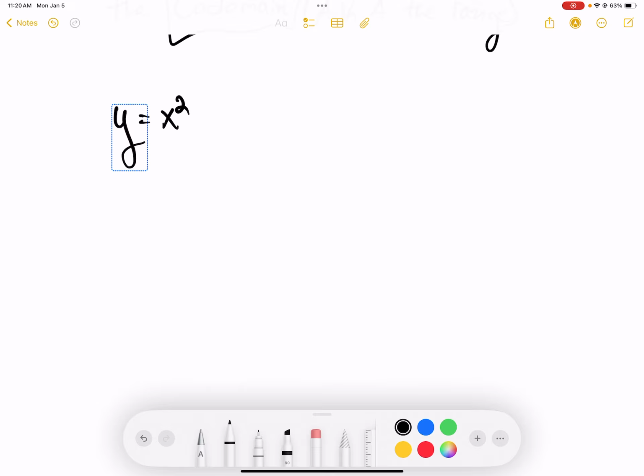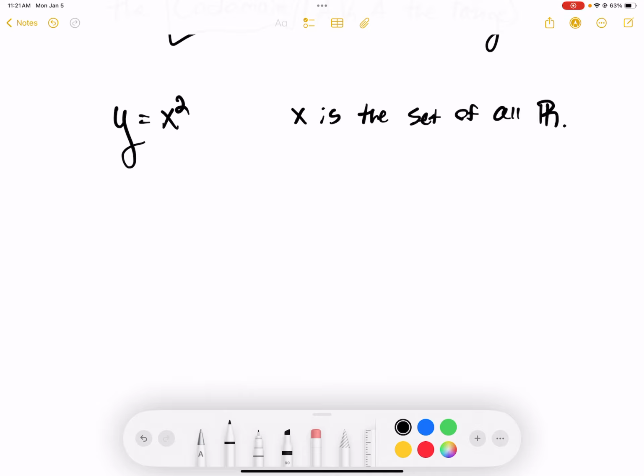I'm going to define my domain as x is in R, the set of all real numbers.